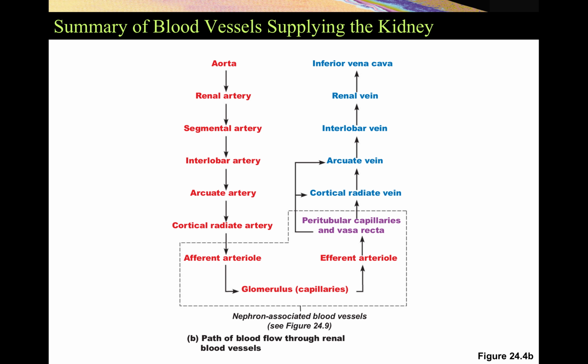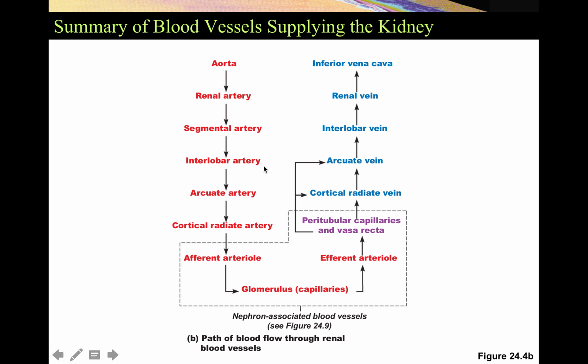Now that I have picked up the blood and I'm done, I need to take that blood out of the kidney and back to your circulation, basically your heart. So whatever you learned for the names in the artery, you're going to reverse them for the veins. Notice right here we have the cortical radiate artery, so I have the cortical radiate vein. I have the arcuate artery, so I would have the arcuate vein.